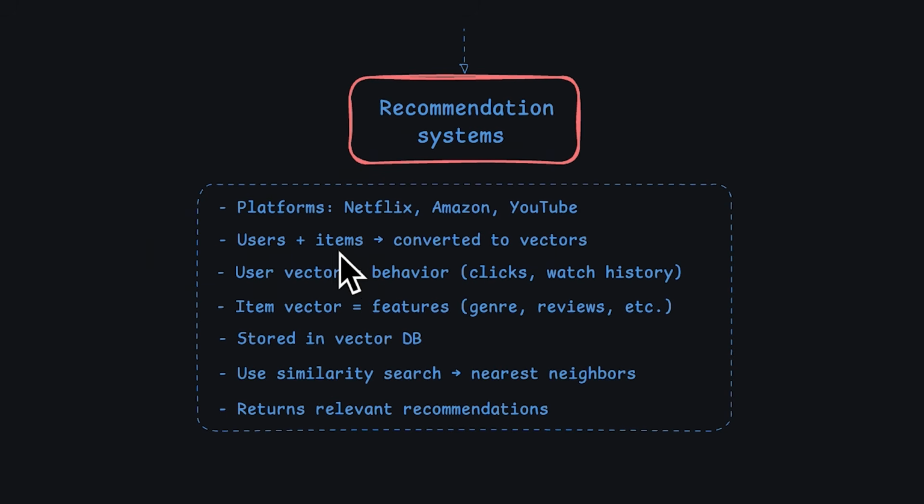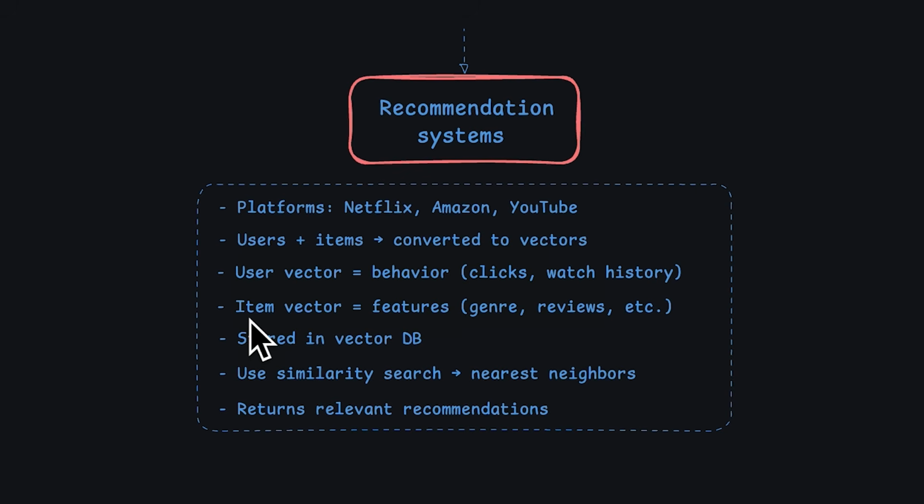How it works is that both the users and the items get converted into vectors. The user vector is nothing but the behavior of the users, for example, what the users are clicking on, what they're watching, what is their watch history, or what is their purchase history. Those user behaviors are actually stored inside the user vector.